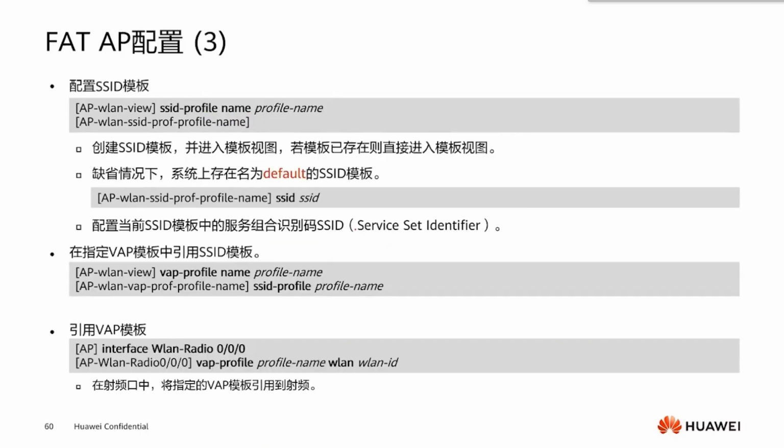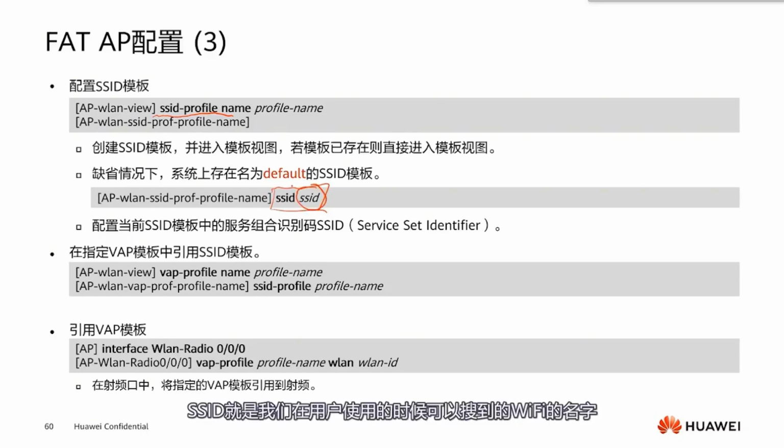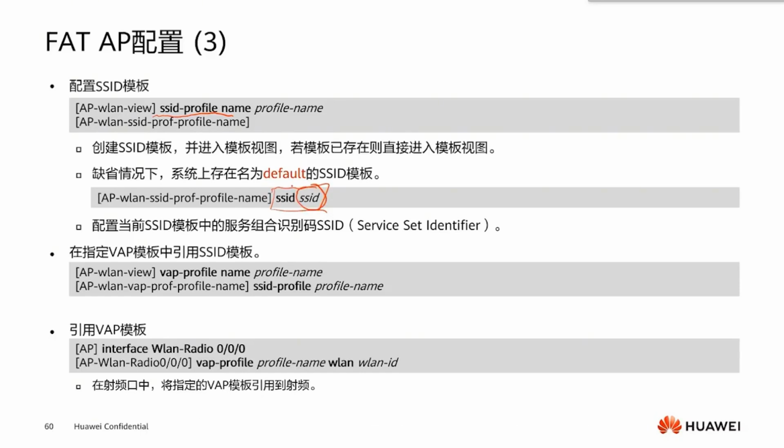The third step is to configure the SSID template. Here, we set an SSID called SSID, which is the name of the Wi-Fi that users can find when they are connecting. Typically, when we use Wi-Fi, if we go to a restaurant, for example, you might ask the waiter, which one is your Wi-Fi?